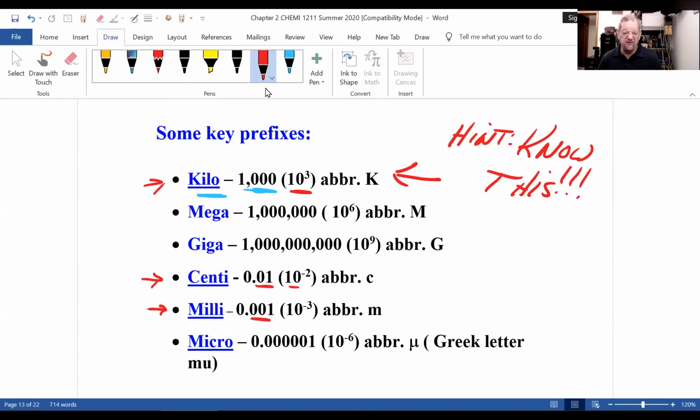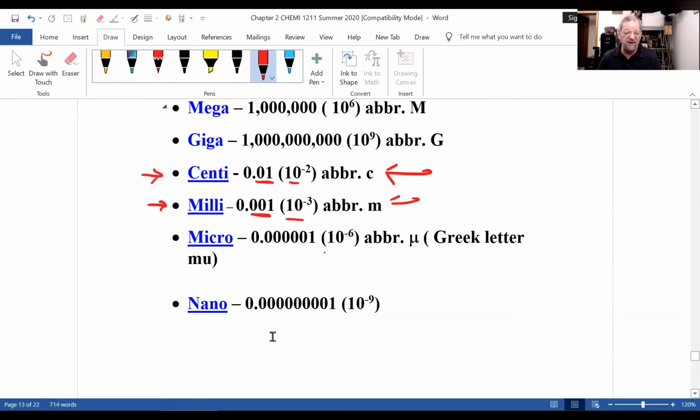These three you should know. Now, micro is smaller, and I'm not going to ask you to learn that. One more on this chart, nano, right here, is a billionth.